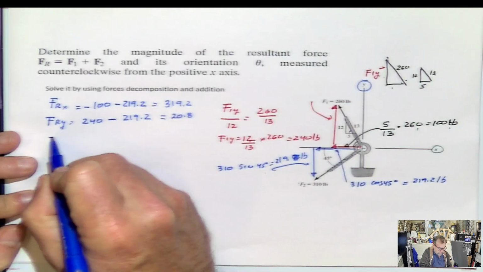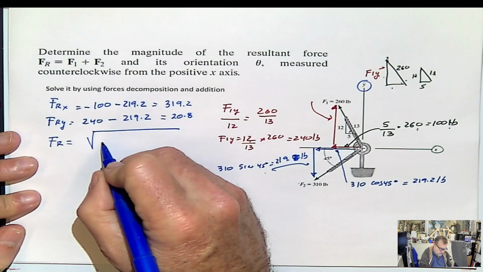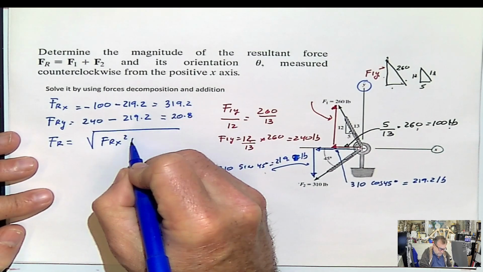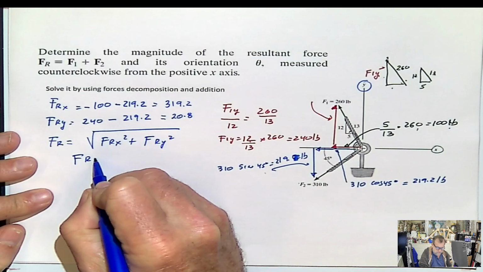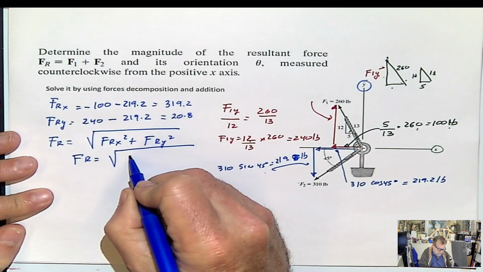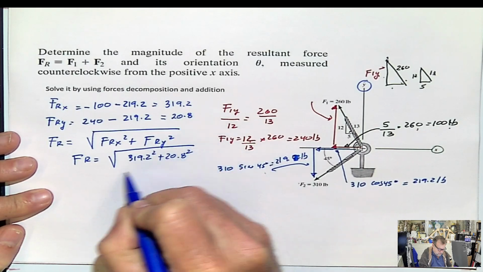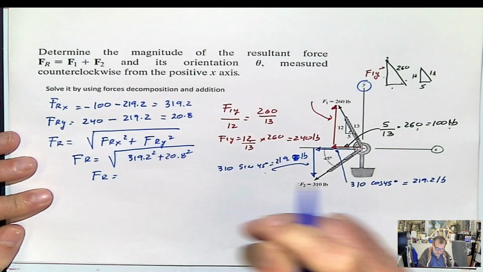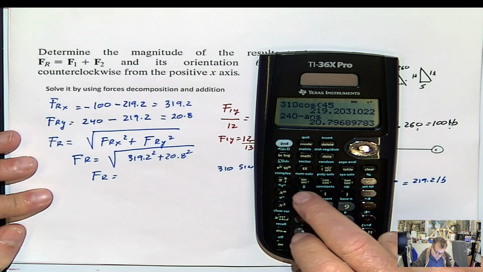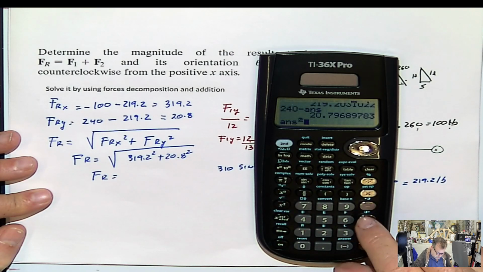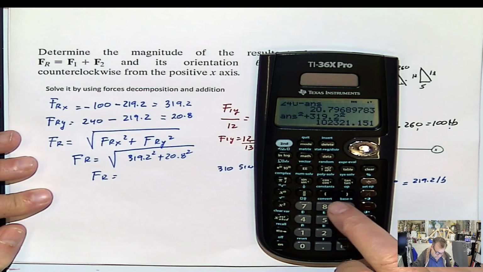If I want the resultant force, it's just the square root, remember Pythagoras theorem, of FRx squared plus FRy squared. So the resultant force will be the square root of 319.2 squared plus 20.8 squared, and then a square root of that.